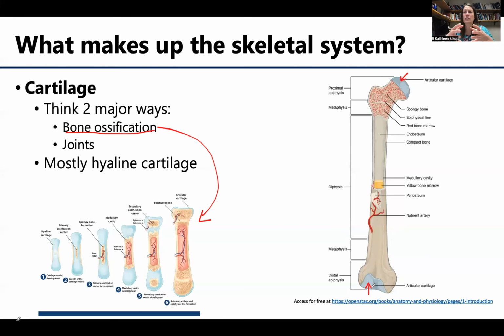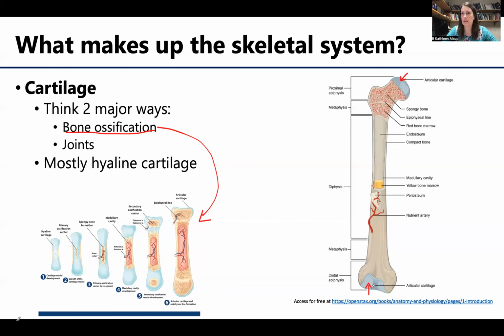So it's not what's actually connecting a bone to another bone, but you will have a layer of cartilage on the end of the bone to serve as an area for shock absorption and protection to those areas. And so you'll have this articular cartilage, in the type of joints referred to as synovial joints.